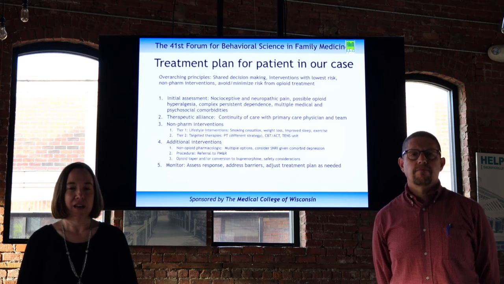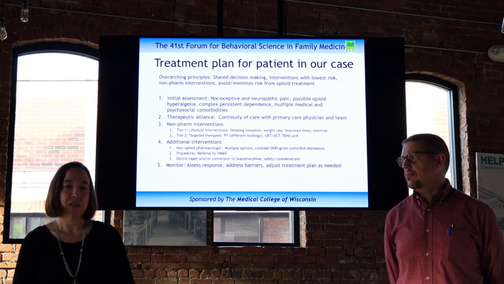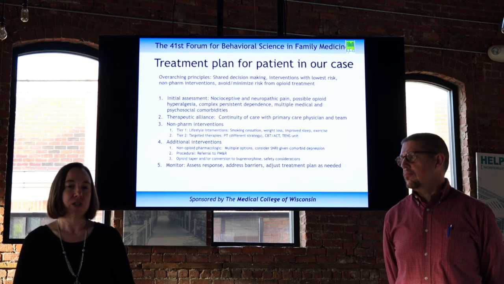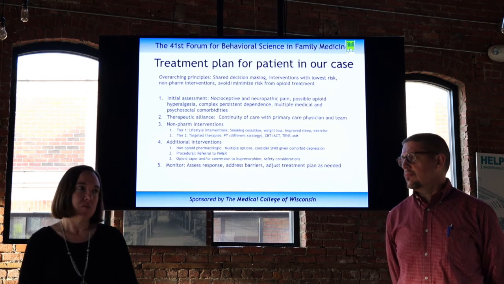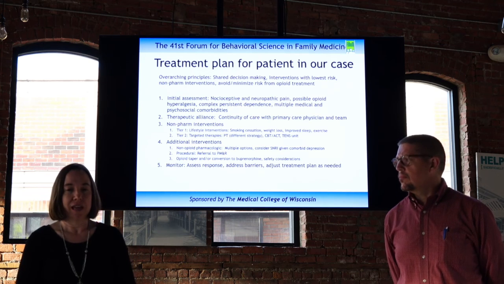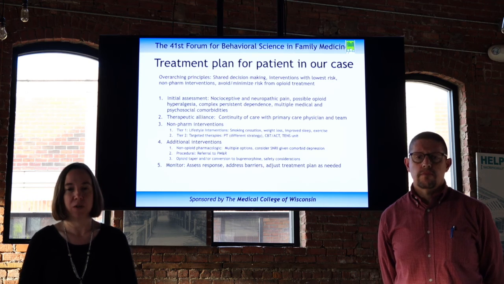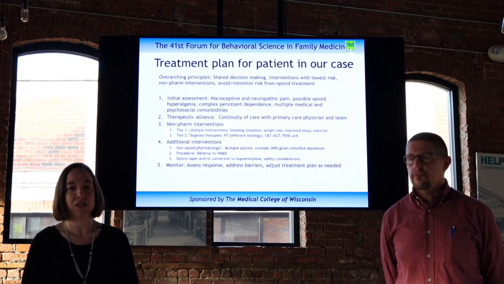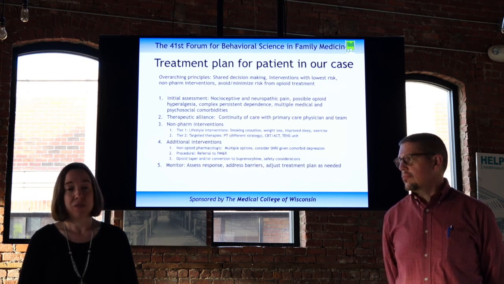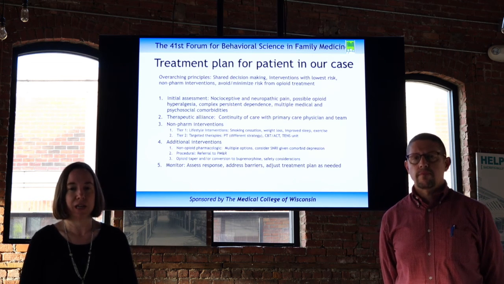I think that in a compassionate way, talking to the patient about trying an opioid taper or even conversion to buprenorphine would be something that he may benefit from over time. And that doesn't have to happen overnight. But I think that's part of why it's so important to build a good therapeutic alliance with the patient to help with that. And then, of course, monitoring and seeing the patient frequently.